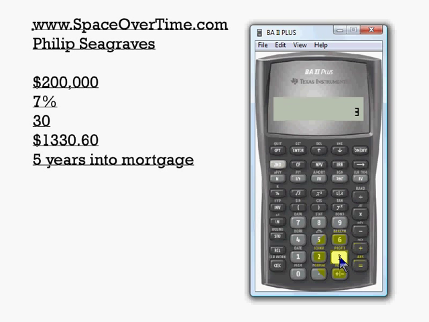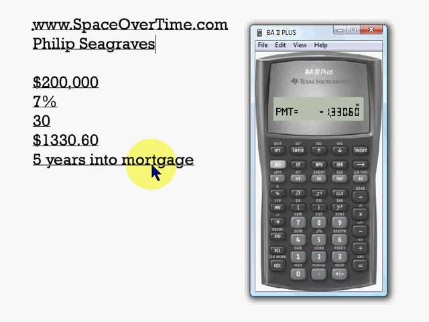So we'll plug that into our N, or our number of payments, and hit the N key, 360. With this calculator, it's a real simple function. We just hit compute and the payment button, and we come up with $1,330.60. It shows as negative because that's an outflow of cash.